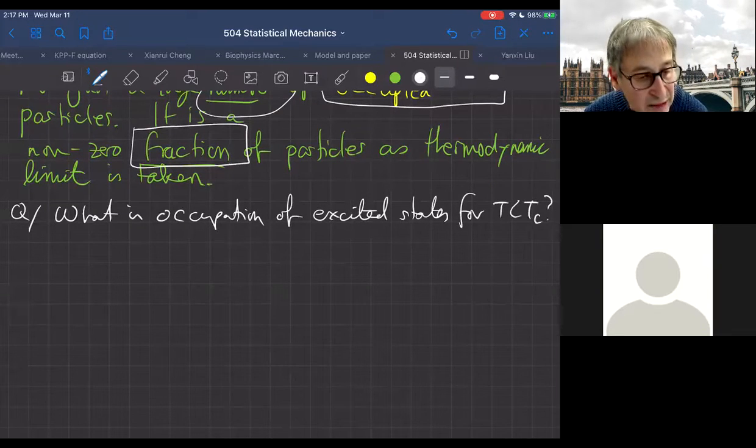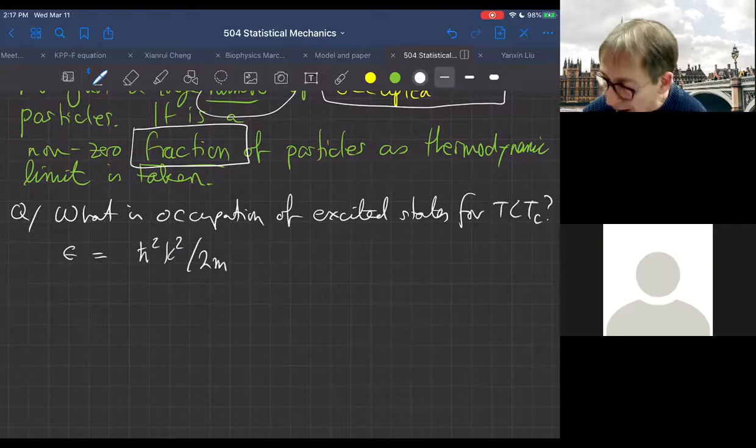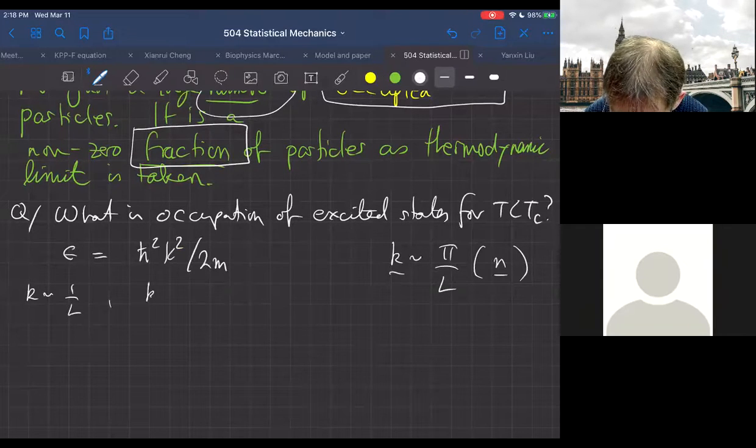Here's how I'm going to estimate that. Remember that these are ideal particles, so the energy is just h bar squared k squared over 2m. And remember that the k vector goes like pi over L times the quantum numbers. So k scales like 1 over L, which means k squared scales like 1 over L squared.